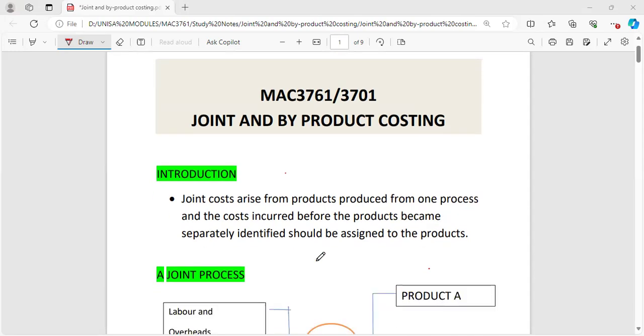So which means in joint and byproduct costing, we are looking at two products which are produced from one process, and the cost incurred before the products become separable, identifiable, should be assigned to the products.